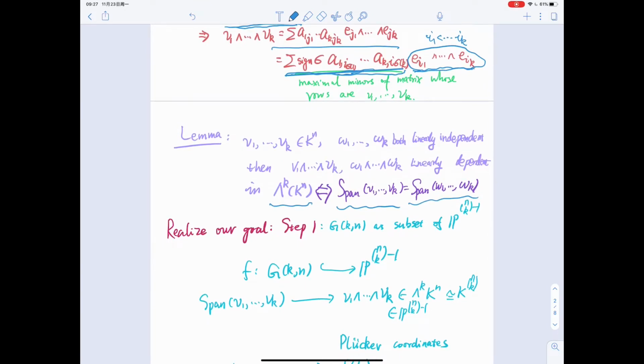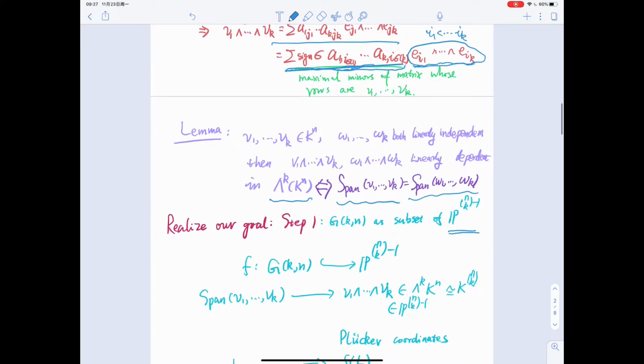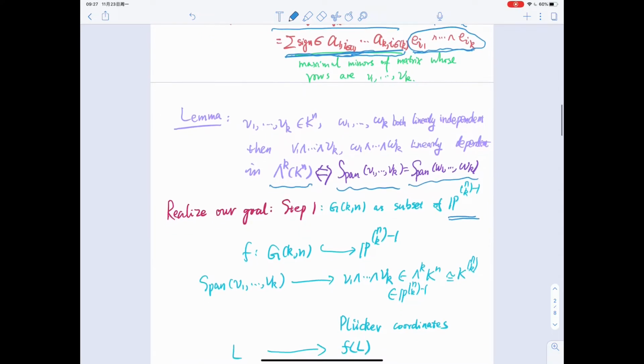Then to realize our goal, which is that G(k,n) is a variety, we first show that G(k,n) is a subset of projective space. We let the map from G(k,n) to this projective space be the Plücker embedding.